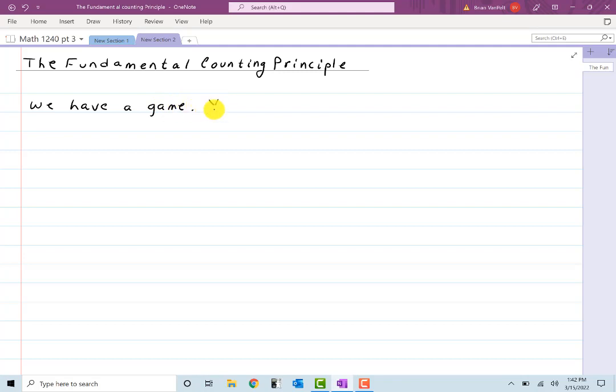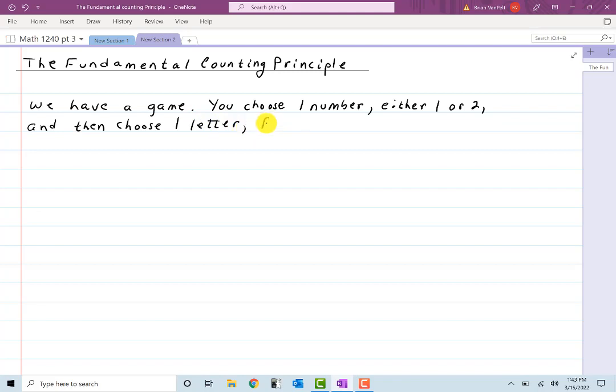In this game, you choose one number, either 1 or 2, and then choose one letter from A, B, or C. How many outcomes are there? Let me put it this way. How many choices are there?